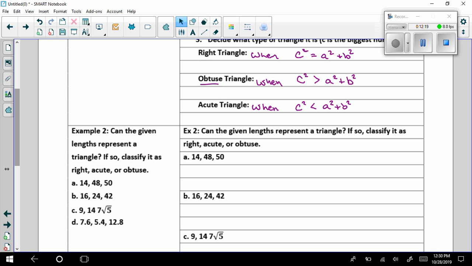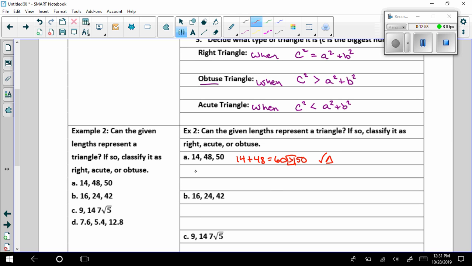All right, so how this works, 14, 48, and 50. Well, without even doing the math, I can tell that by adding the smallest two sides, it's bigger than the largest, but let's go ahead and write that out. 14 plus 48 is equal to 60, which is greater than 50. So this is a triangle. All right.